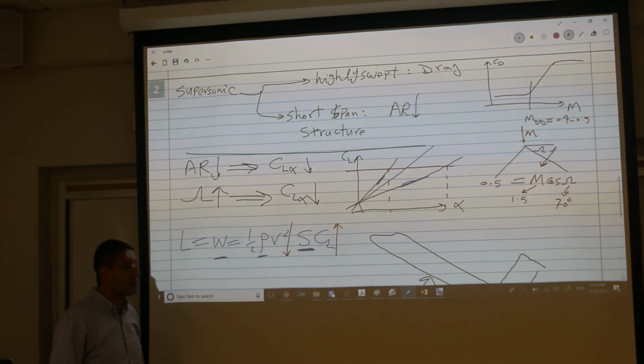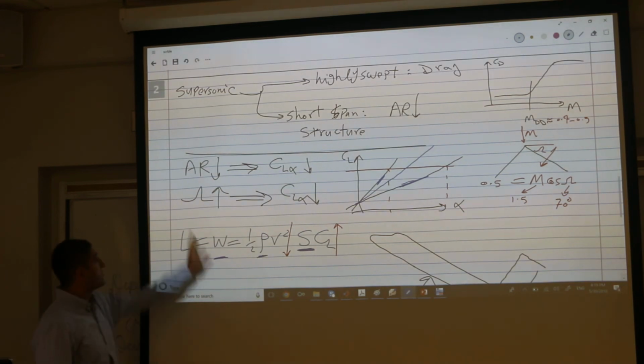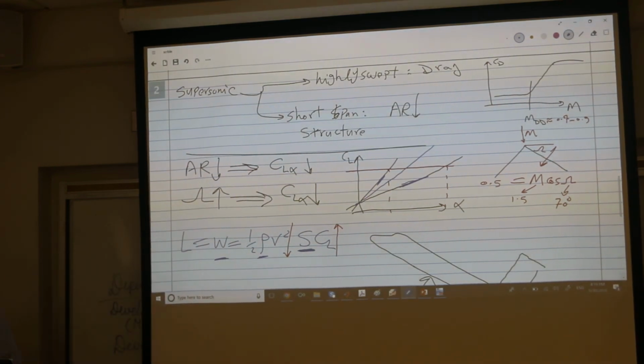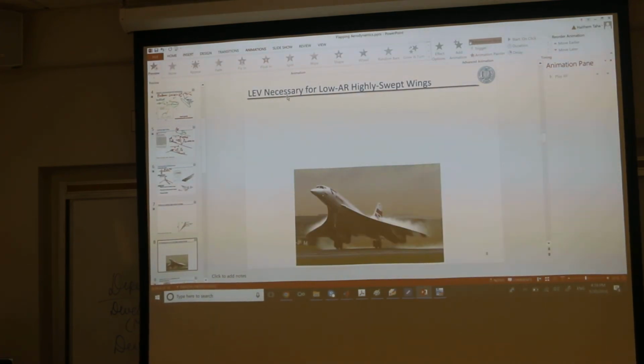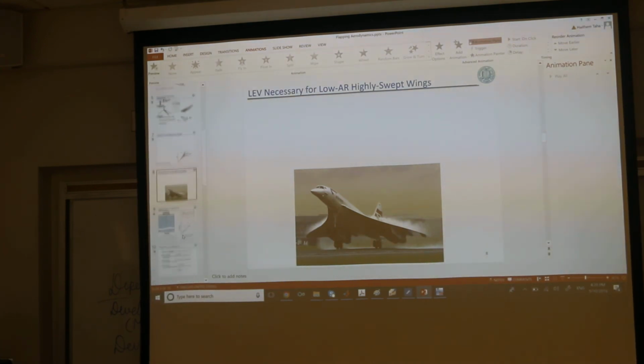They can tell immediately just by sound if this airplane is the Concorde or not. So this was the story. Okay. What's the conclusion? The conclusion is the leading edge vortex was necessary for low aspect ratio, highly swept wings, just to take off. It was a very serious problem for the Concorde program.